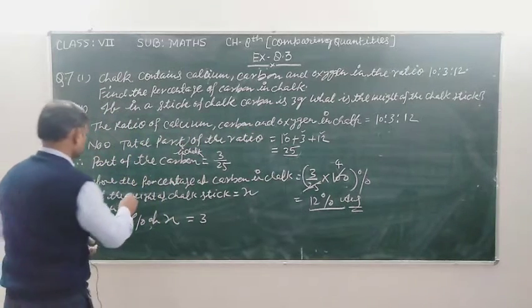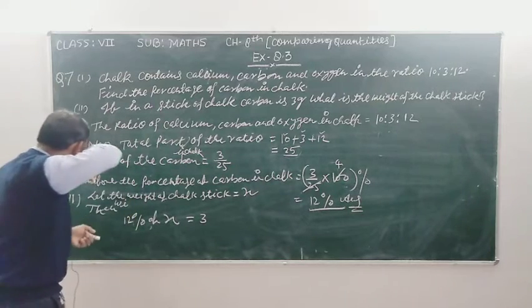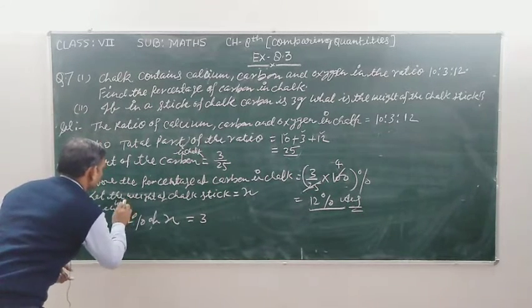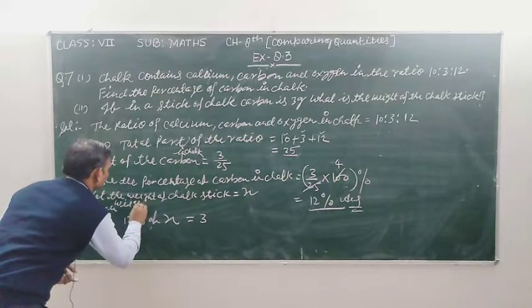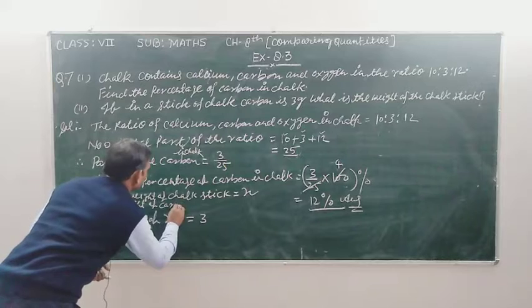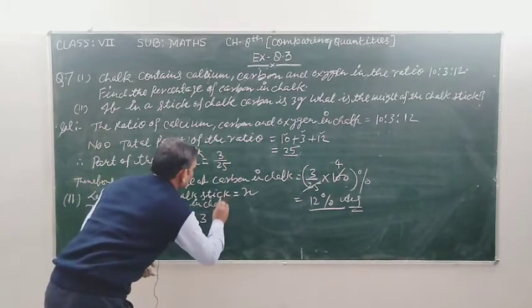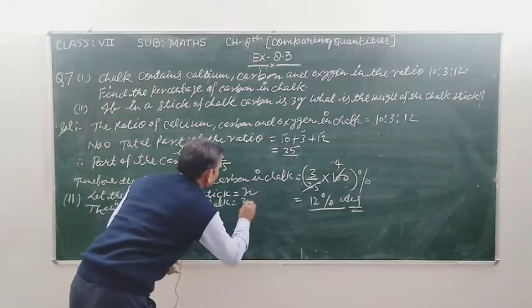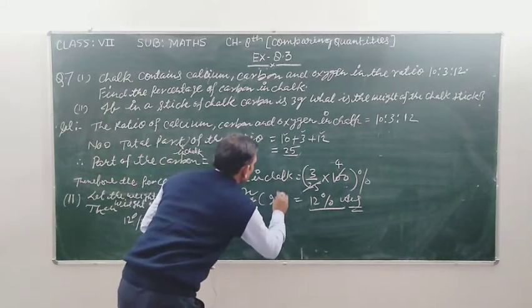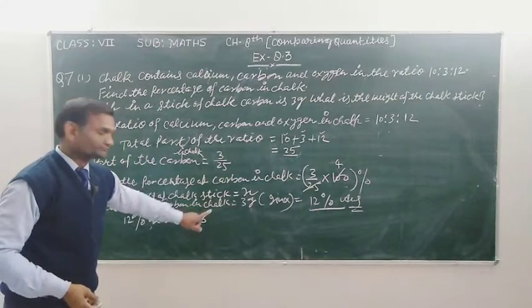Weight of the carbon दिया है. One line you have to add in this question: weight of carbon in chalk 3 gram. It is given. ये तो हमको दिया हुआ है स्टूडेंट, 3 gram.